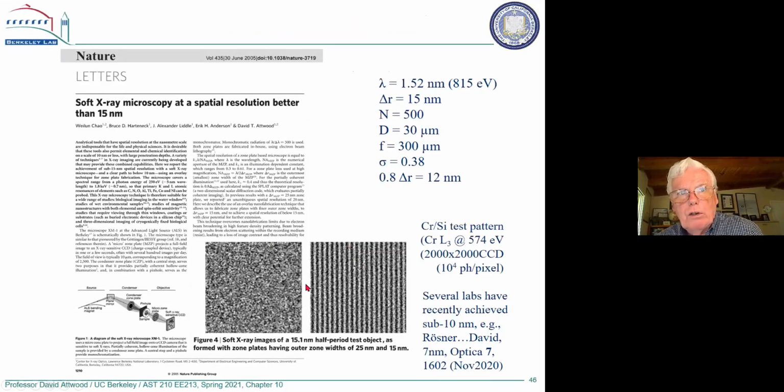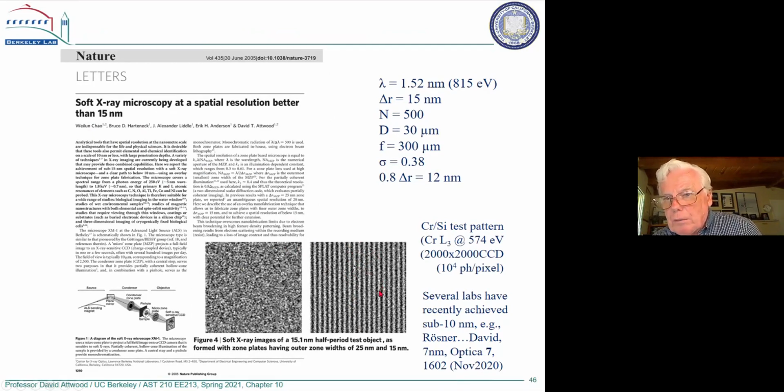This is an old paper. It was a PhD thesis by Wei-Lun Chao some years ago, but he very nicely got a Nature article out of it where the outer zone width was 15 nanometers, and these are 15 nanometer lines and spaces. So a period would be 30. So that's not cheating.